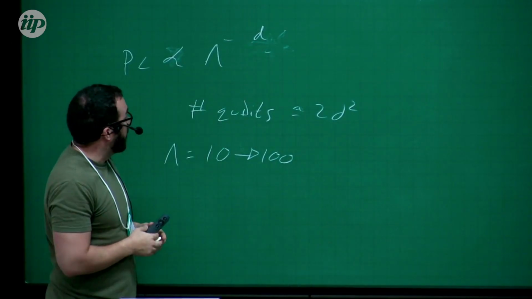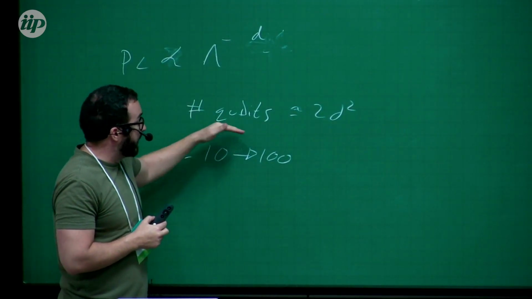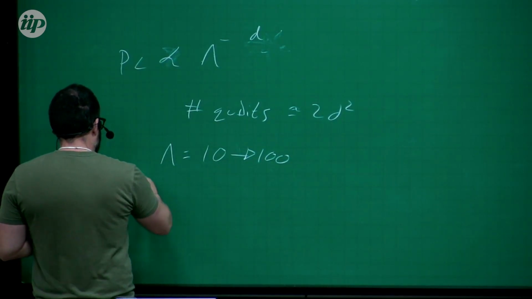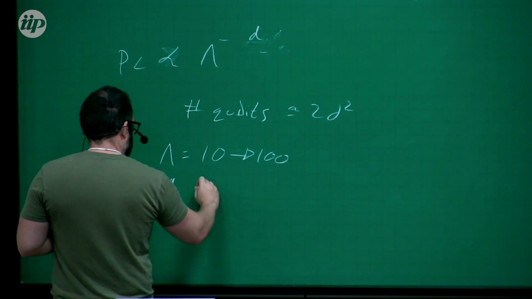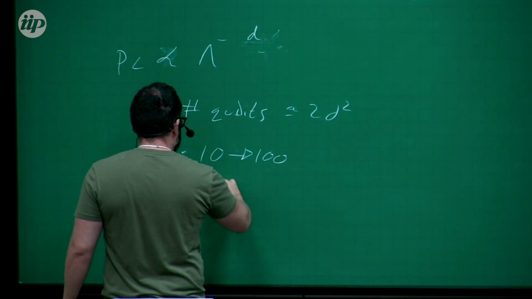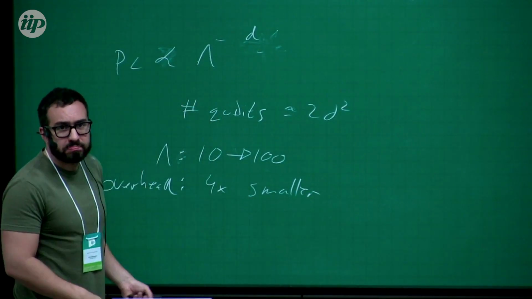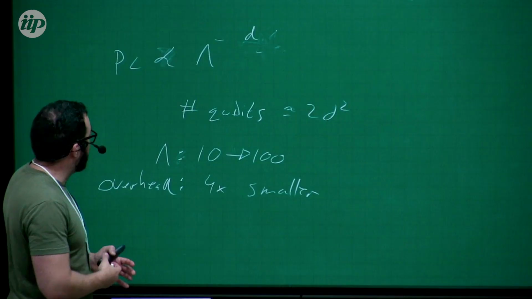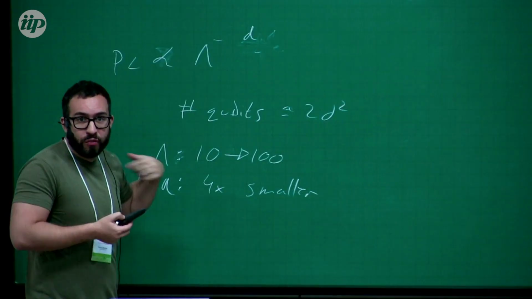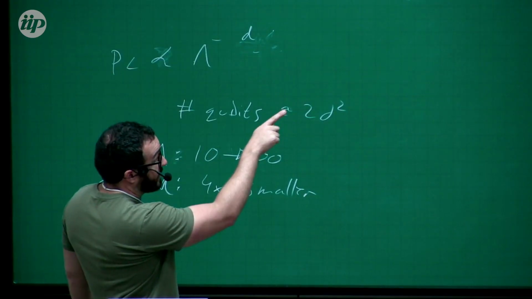But if the distance is twice as small, and the number of qubits, which is the overhead, goes as distance squared, it means that going from lambda 10 to 100, the overhead becomes 4x smaller. If you can do it, great. But you see, it's a 10x improvement physically for a 4x improvement in overhead, so it's already smaller than maybe you might expect.